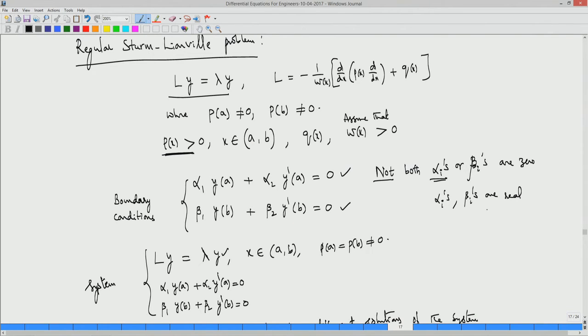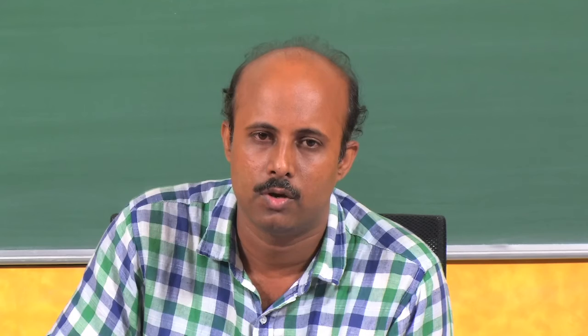If y2 is a solution of this system, then y2 bar is a solution of L y2 bar equal to lambda bar y2 bar, for some lambda. If y2 is a solution for some lambda, y2 bar is a solution for the conjugate of the same lambda. So its equation is anyway satisfied, and the boundary conditions we always assume that they are real.